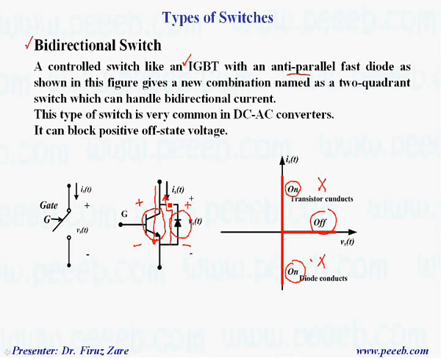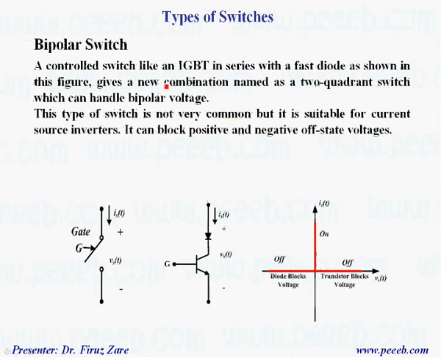So that means this combination can be defined as a control switch, and it can operate in two quadrants. That means conducting positive and negative currents and blocking positive voltage.